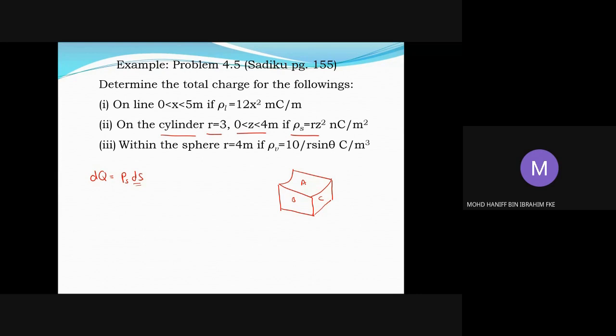But you have to deal with the given conditions: we need to find the charge on a cylinder with a constant radius of 3, and the height ranges from 0 to 4. In your opinion, which surface suits the given problem: A, B, or C?